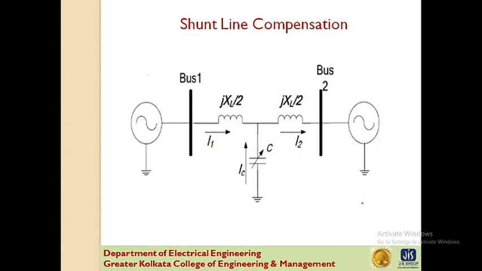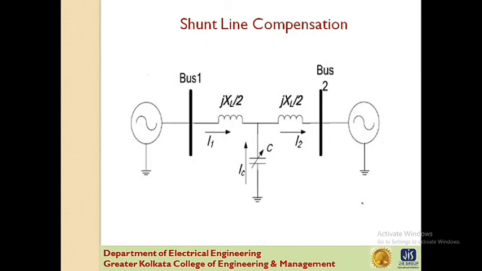Next one is shunt compensation. The connection of a shunt capacitor is probably the simplest and most widely used form of power factor compensation. The installation of shunt capacitors or reactors at load buses provides shunt compensation. Now, the critical voltage of the system improves with shunt capacitor compensation.